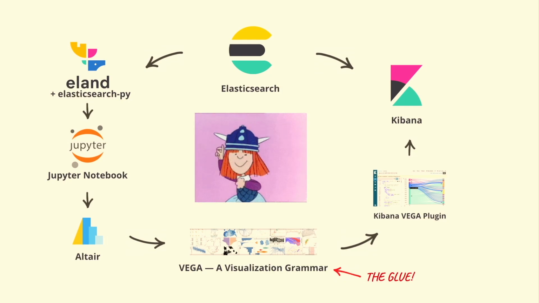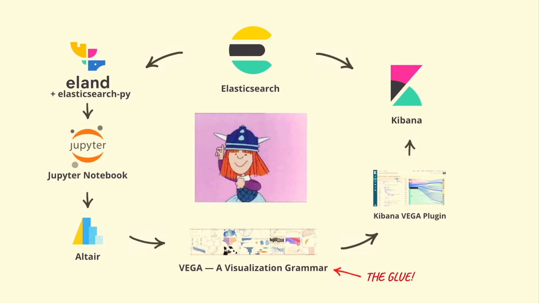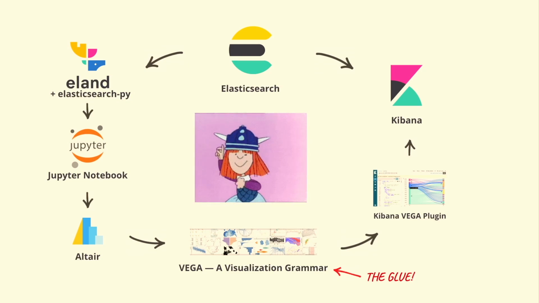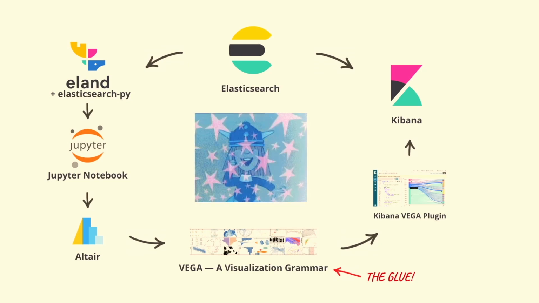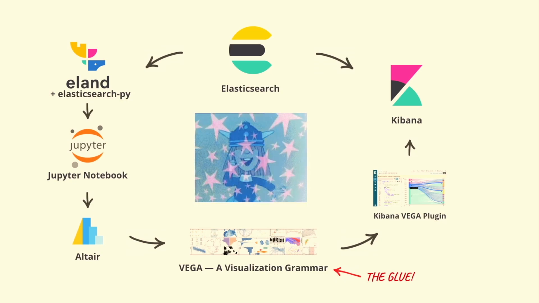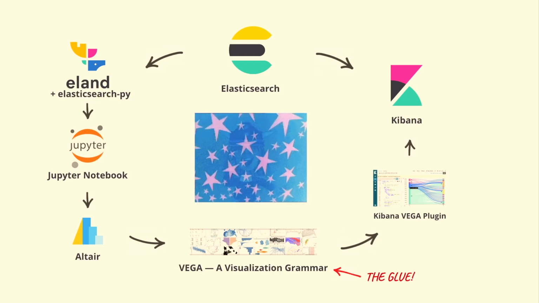On the other hand, we have our Python library on top. We can use that in Jupyter Notebooks, and then you could also write raw Vega specs, but it's way easier to use the Altair library. And that allows you to create Vega specifications you can then deploy to Kibana.